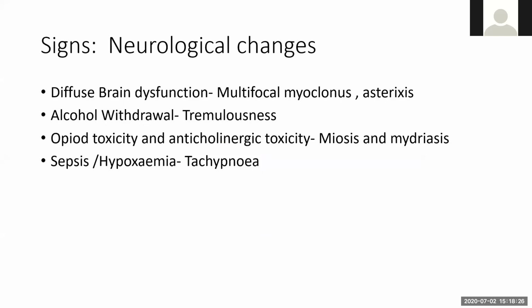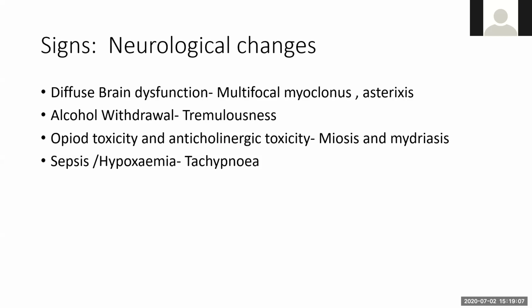Sometimes you might also see neurological changes in these patients. If it is associated with diffuse brain dysfunction, patients might have multifocal myoclonus or asterixis. If the patient is having alcohol withdrawal, the patients might have tremors. If it is because of opioid toxicity or anticholinergic toxicity, patients could have changes like miosis or mydriasis, which could be pointing towards the cause of the delirium.